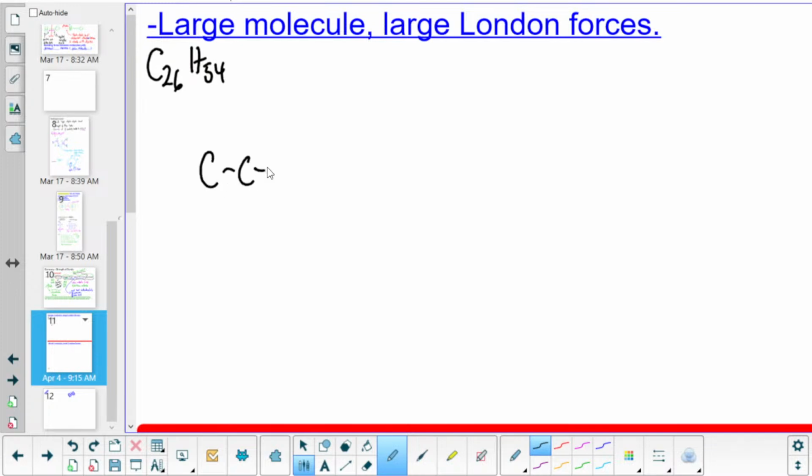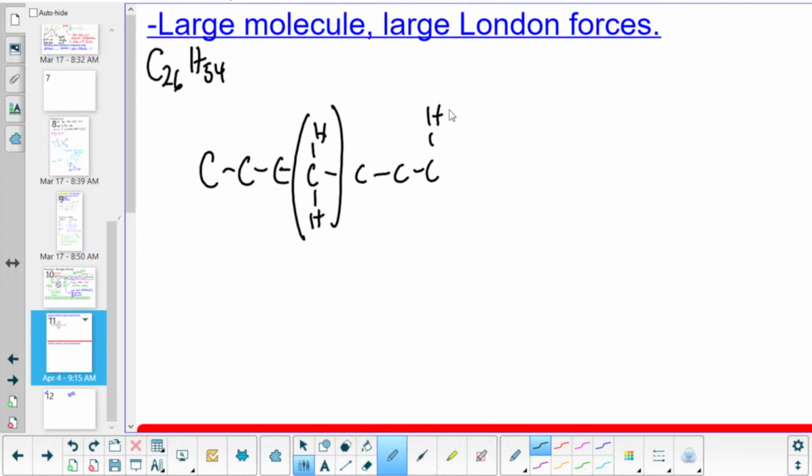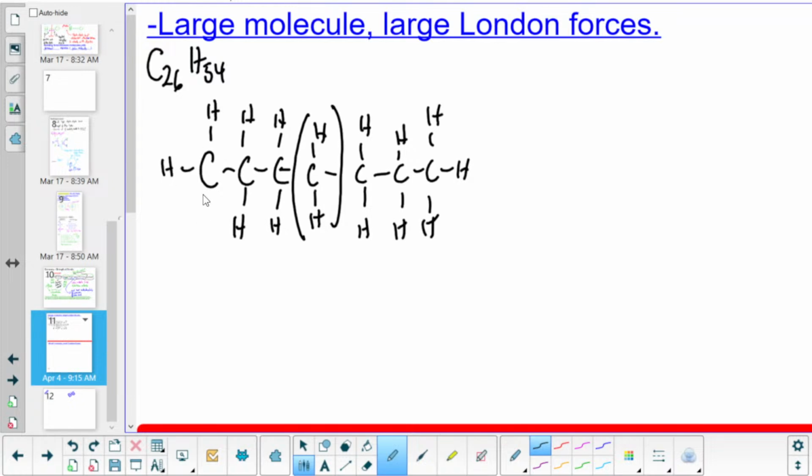One, two, three, bracket, CH2, bracket, one, two, three, just to give us the sense of size. And it's good practice for drawing organic molecules, because you'll get sick of drawing them this way, and then I'll show you the easier way later.